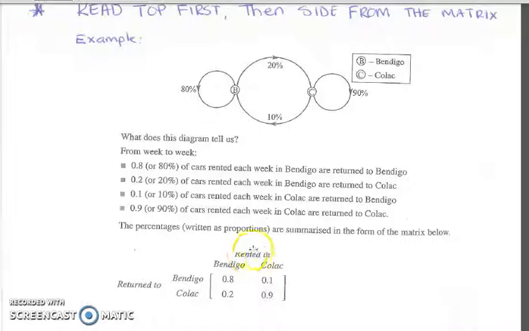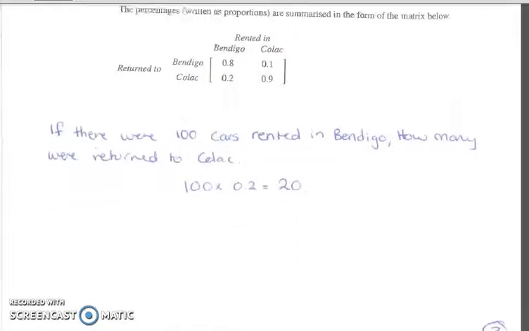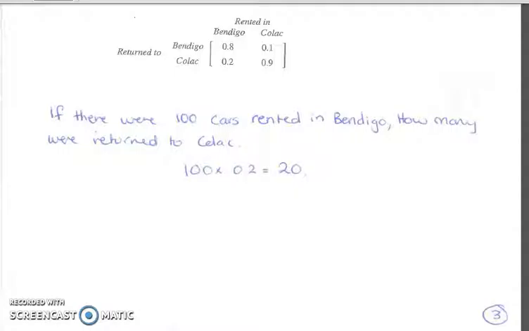In this example, car was rented in and returned to. Once again, if we're given a value, for example, we had 100 cars, you can work out how many was, in this example, rented in and returned to. You can work out the exact value by just multiplying it by the percentage as a decimal.